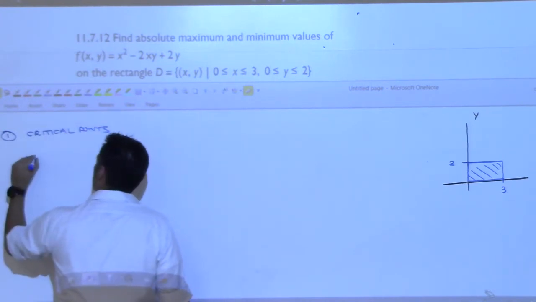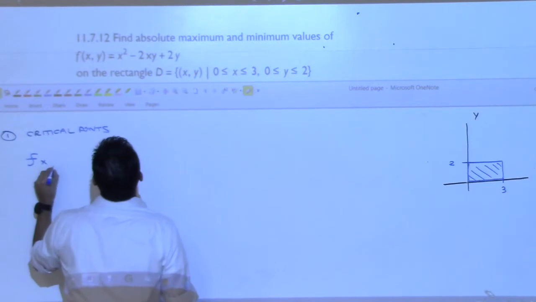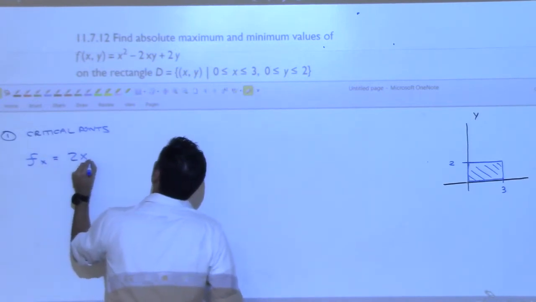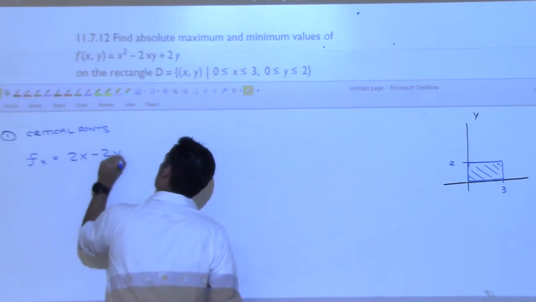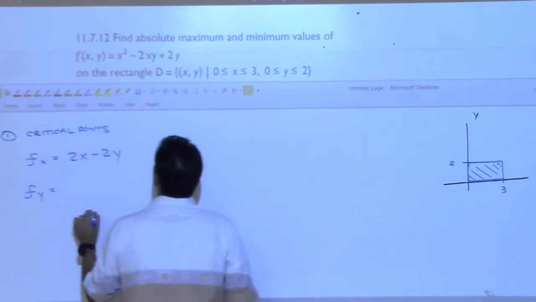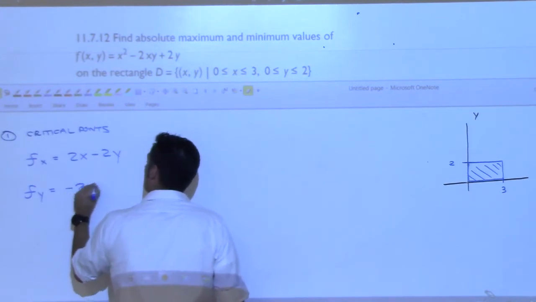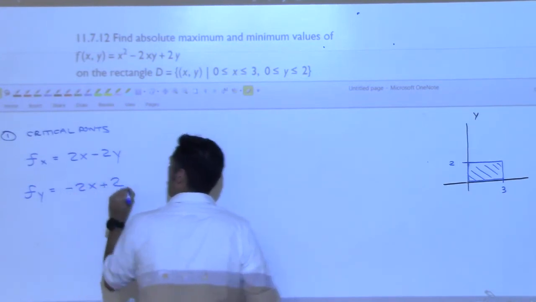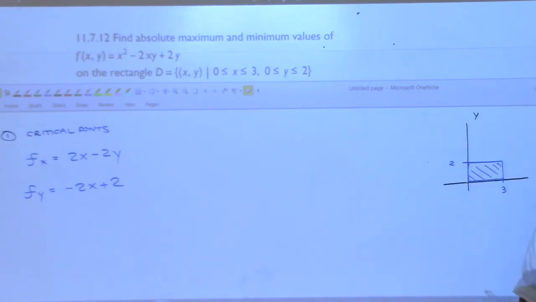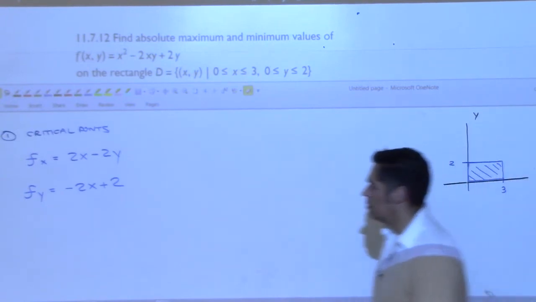And to do that, I take the partial of f with respect to x, which is 2x minus 2y. And then the partial of f with respect to y, which is negative 2x plus 2. So those are my partials. Which of those would you like to set equal to 0? Which one looks easier? The bottom one, right? The bottom one, we're going to get a solution.